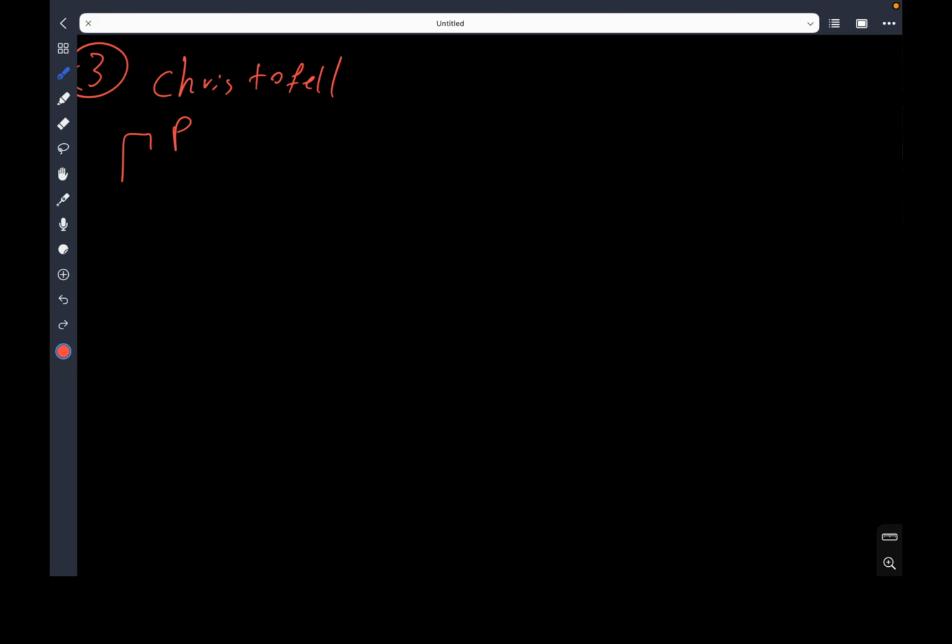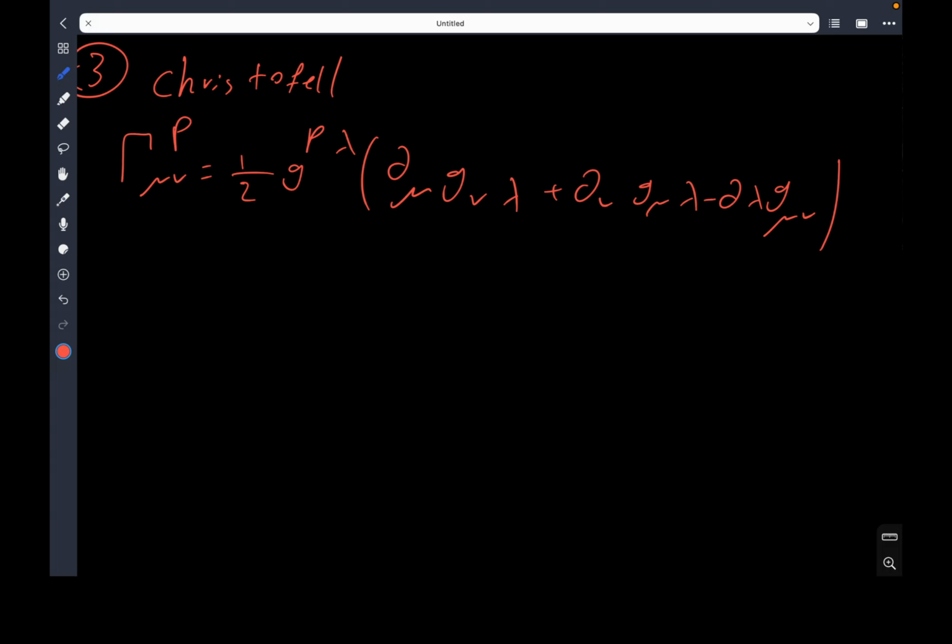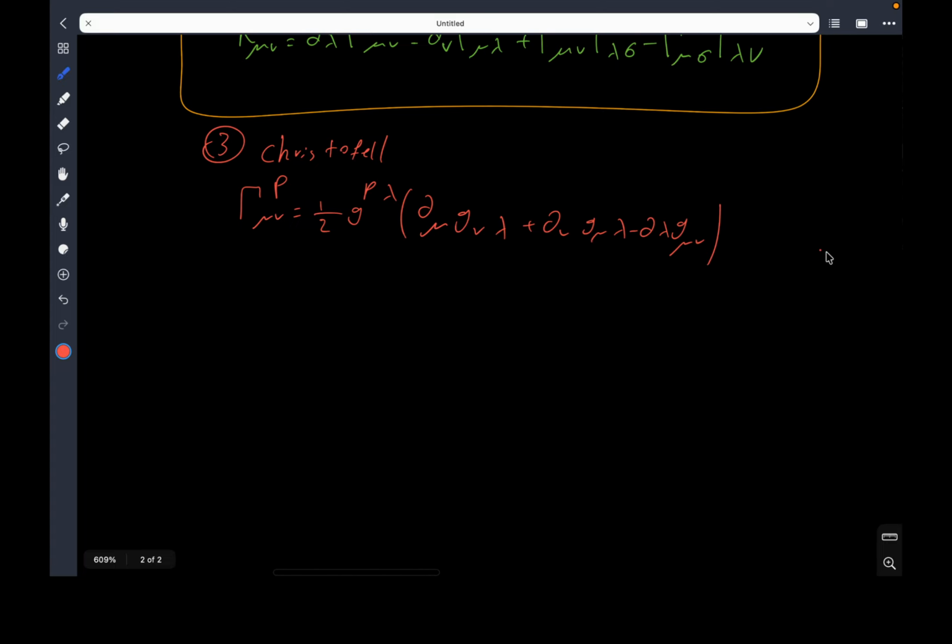Gamma^rho_{mu nu} is equal to half g^{rho lambda}, where lambda is a dummy index, times partial nu g_{mu lambda} plus partial mu g_{nu lambda} minus partial lambda g_{mu nu}. So this is the definition of the Christoffel symbols.